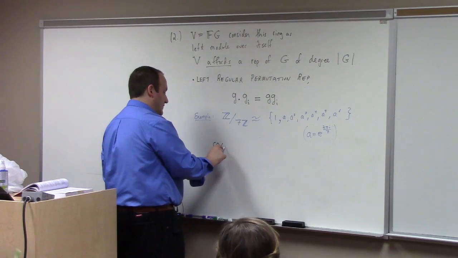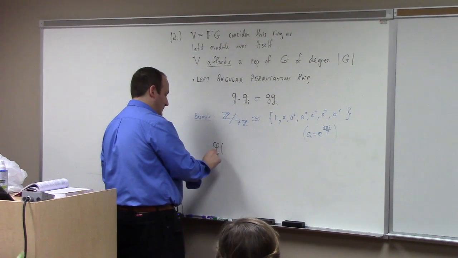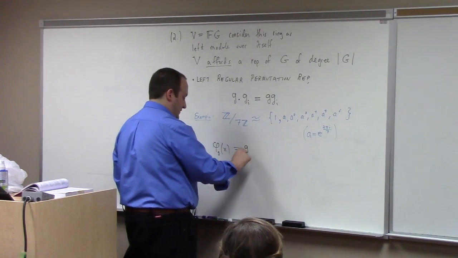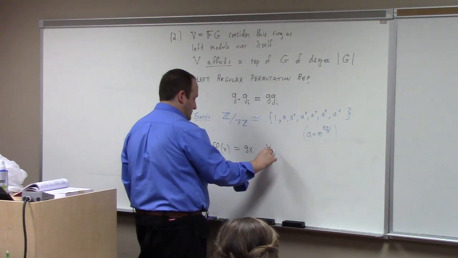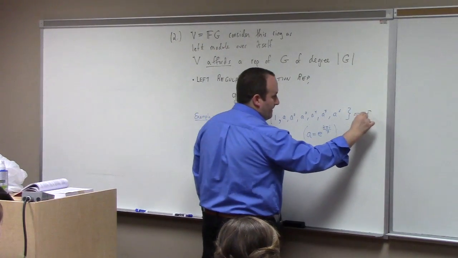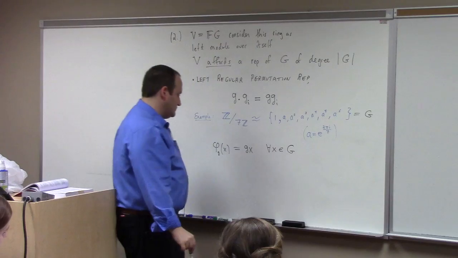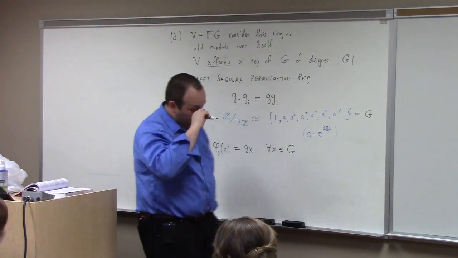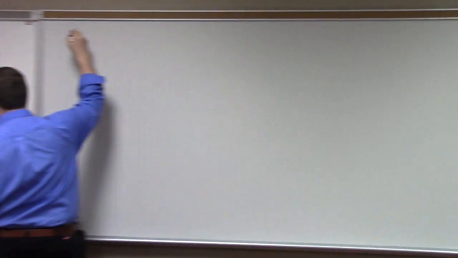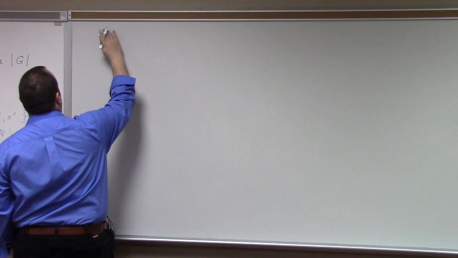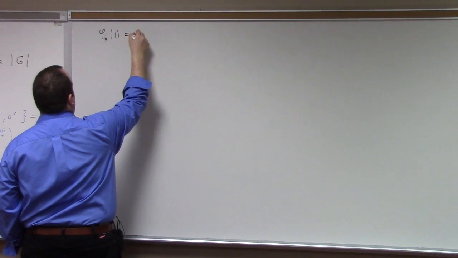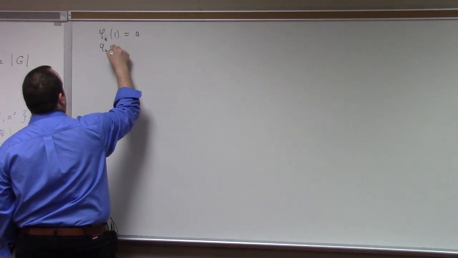Let's say phi sub g of x is equal to g x for all x in G. For example, let's look at a specific one. Let's look at a. Phi a of 1 is a. Phi a of a is what?